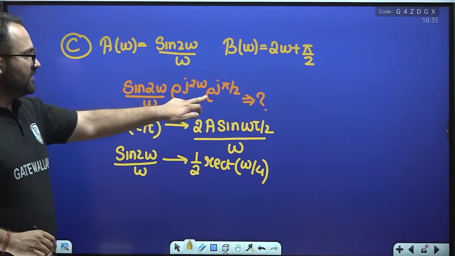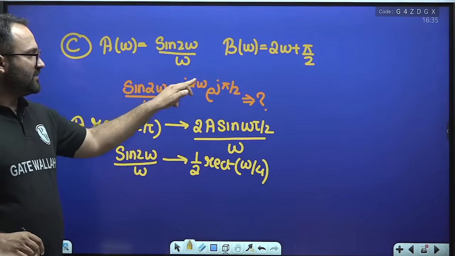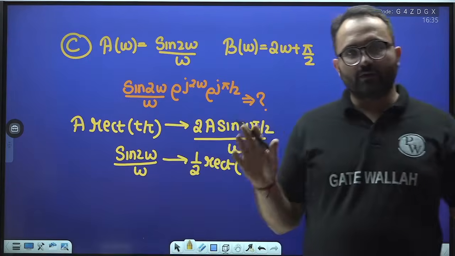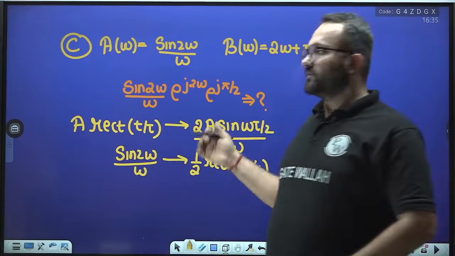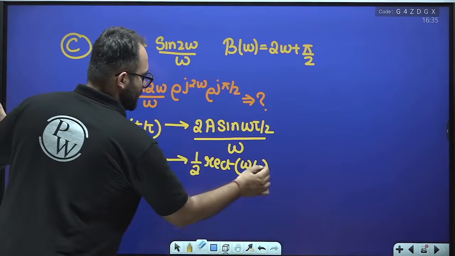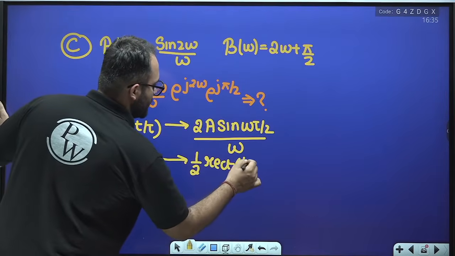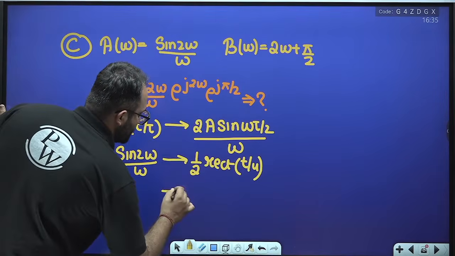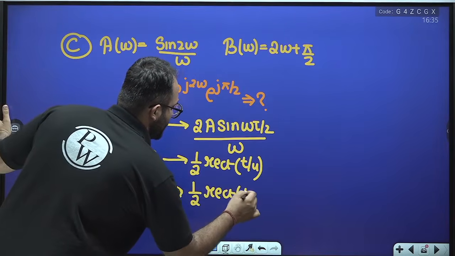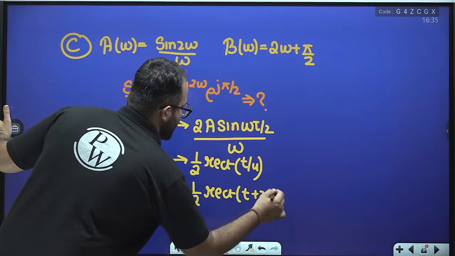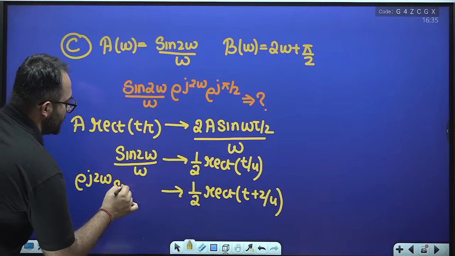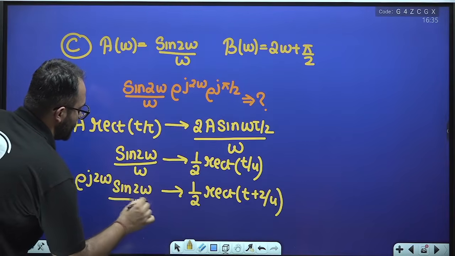So here we have e to power j pi by 2 and e to power j 2 omega. So e to power j 2 omega means shifting in time domain. Okay, we will see the property. The next property is that only. So if we do the shifting in time domain, we'll get e to power j 2 omega sine of 2 omega upon omega.